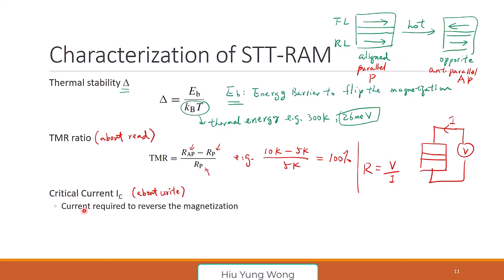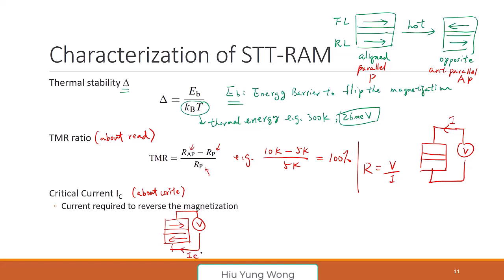And then what is the current required to flip, right? How do we write it? We also, again, apply a high bias to it, right? So that it can flip. That means maybe, right, I have this one, and then apply a critical current when I want to flip it.